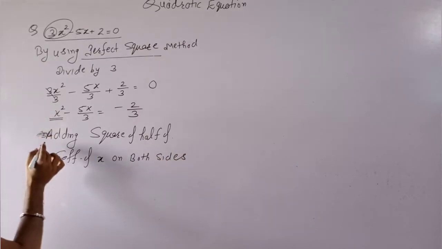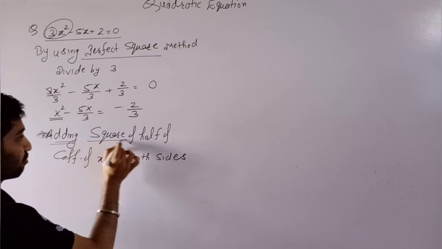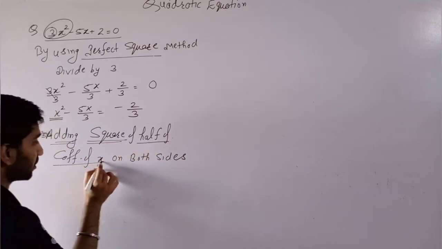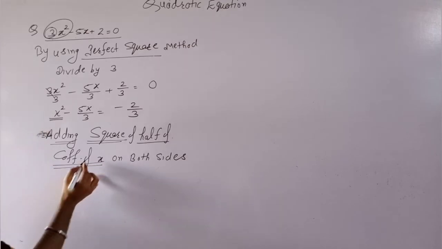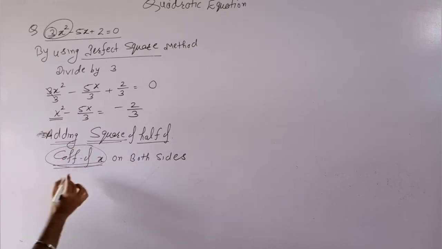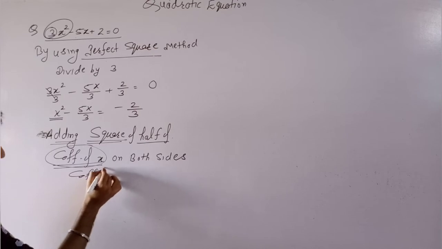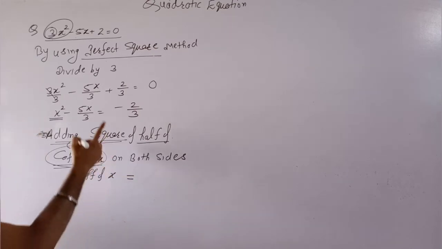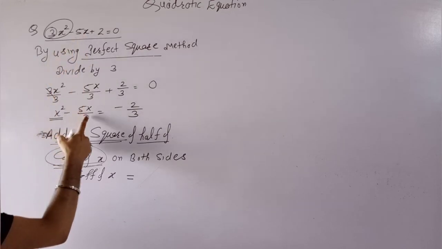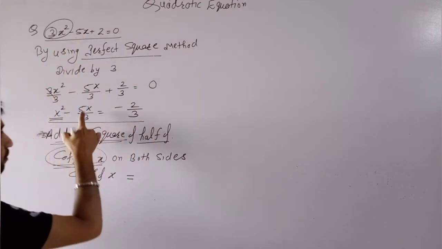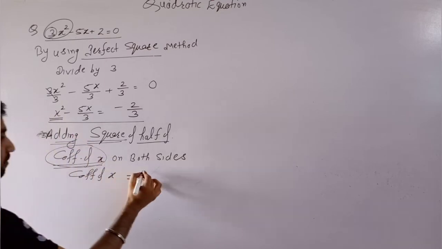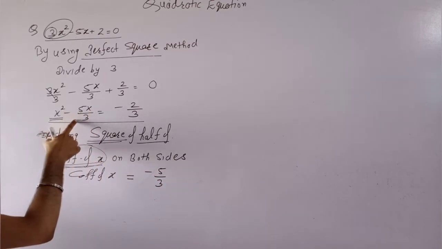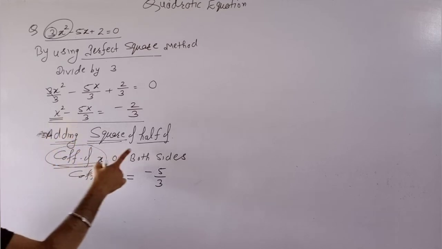What it means is that we have to add the square of half of the coefficient of x. First of all, we want the coefficient of x, and the coefficient of x is minus 5 by 3.